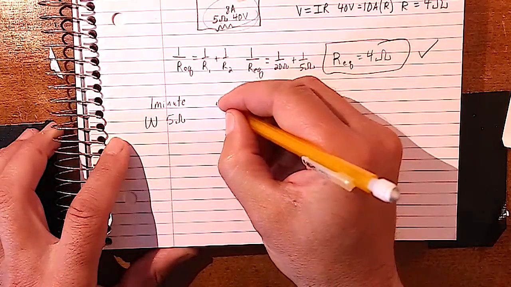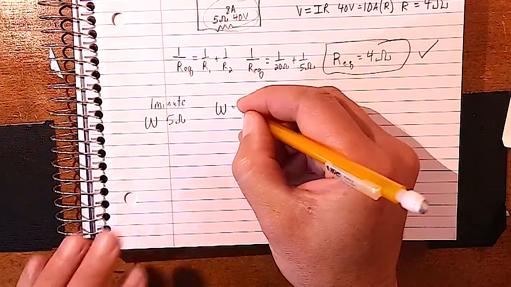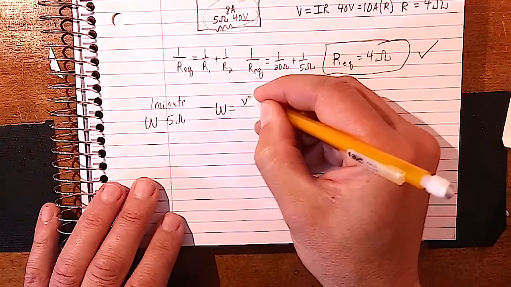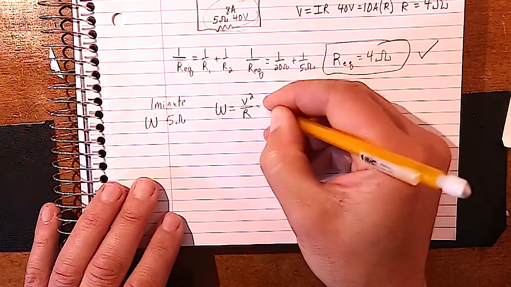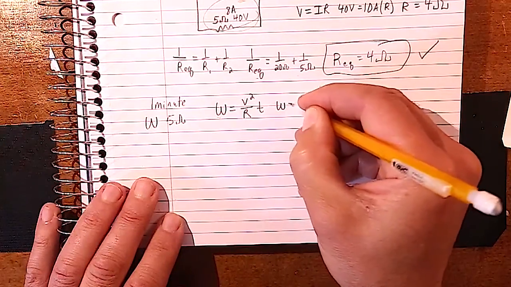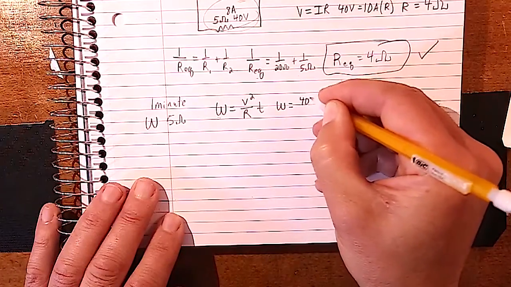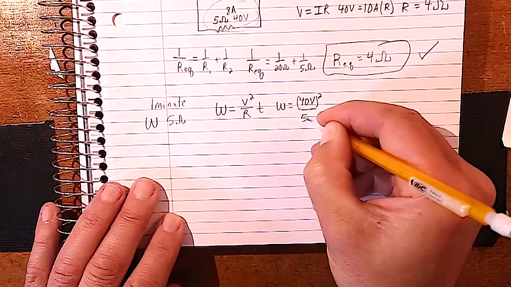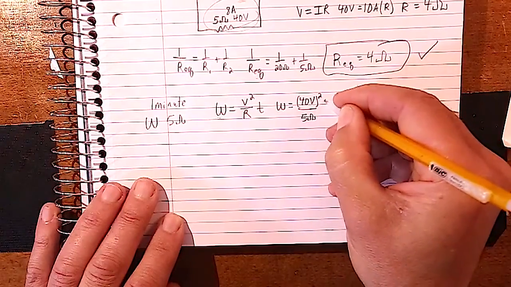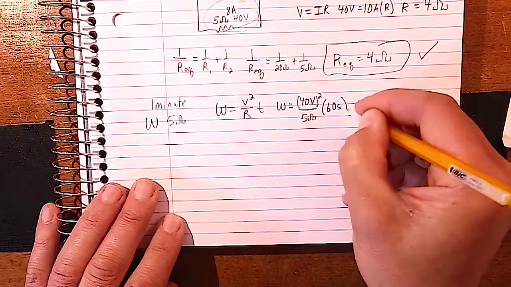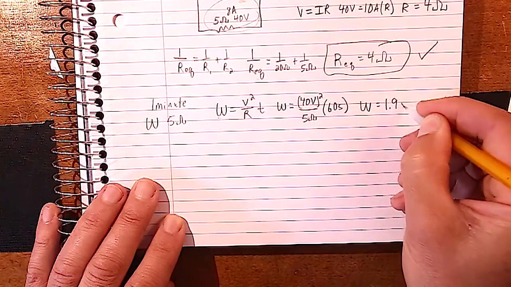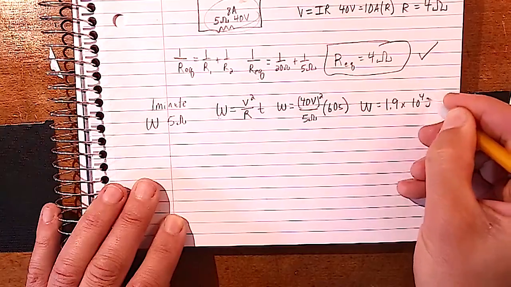So we know from our reference table that energy is equal to V squared over R times t. So we know the voltage is 40 volts. It's the same everywhere. Over our resistance. Our resistor is 5 ohms, times the time, 1 minute is 60 seconds. And then we just do the math on that, and we get 1.9 times 10 to the 4th joules.